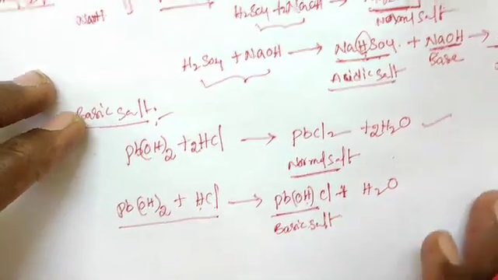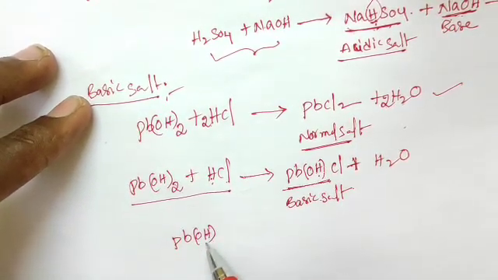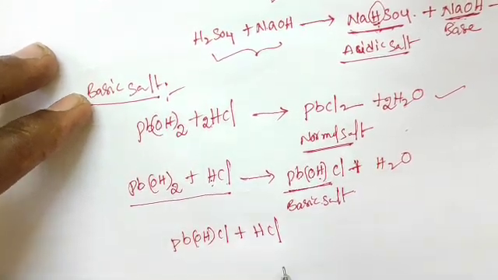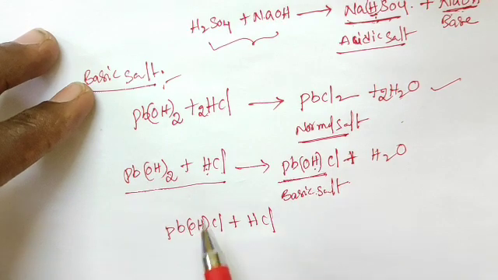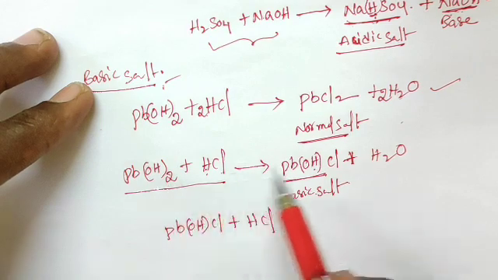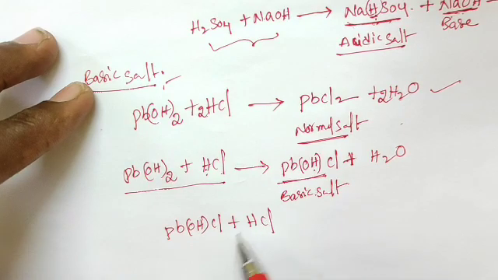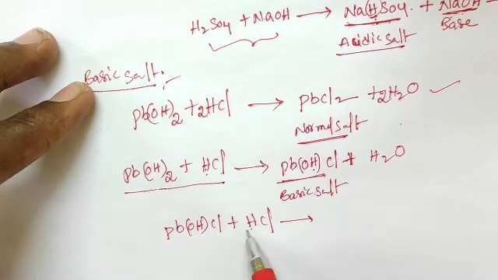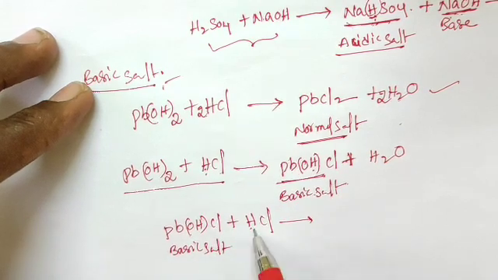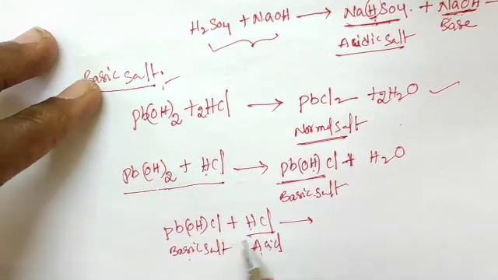How do I know? This salt Pb(OH)Cl reacts again with HCl, because a replaceable OH is there. It is partially replaced, only one OH minus ion, not fully. It reacts with an acid, and an acid always reacts with a base only. That's why this is a basic salt.